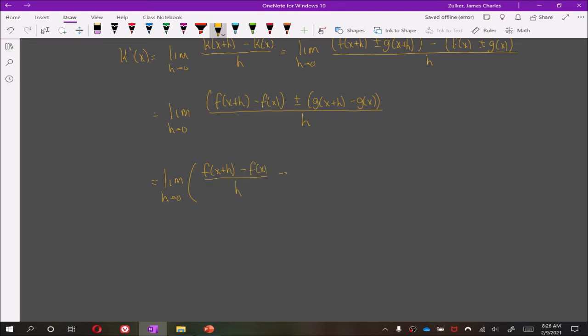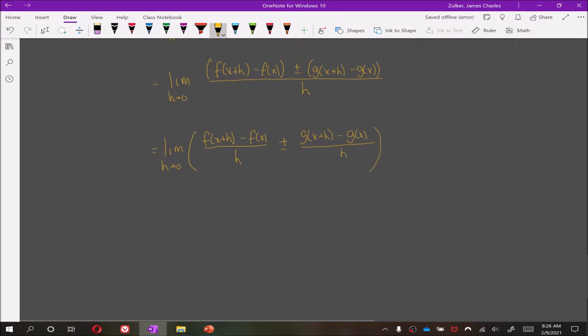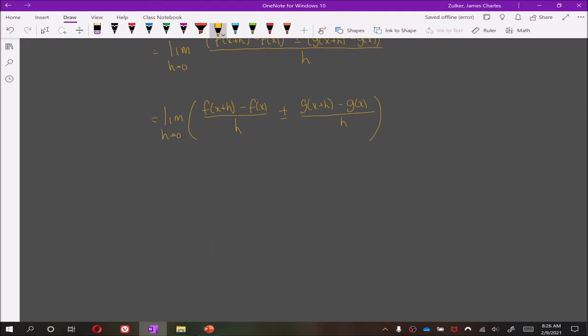There's our first fraction, and then plus or minus our second fraction. We can then write this as the sum or difference of the limits, like so.